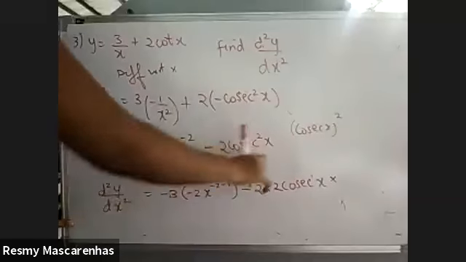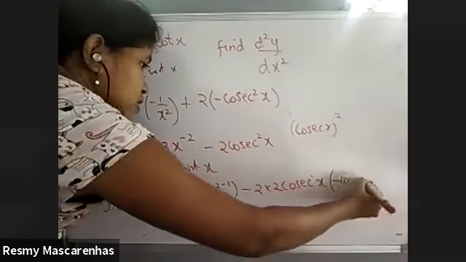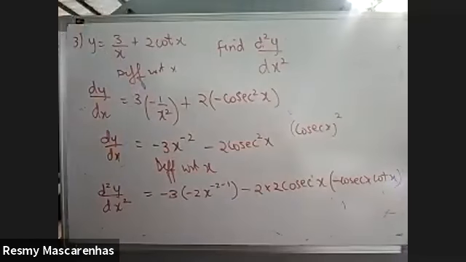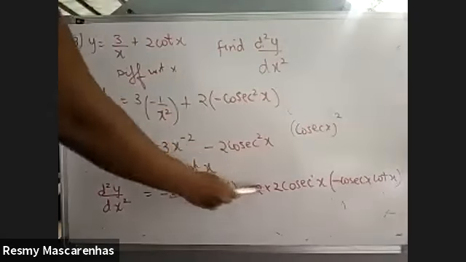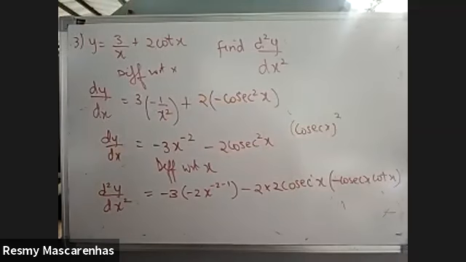Extra, derivative of cosec x. So minus cosec x cot x is the derivative of cosec x. Since this is square, first 2x into derivative of that x. Now simplify.